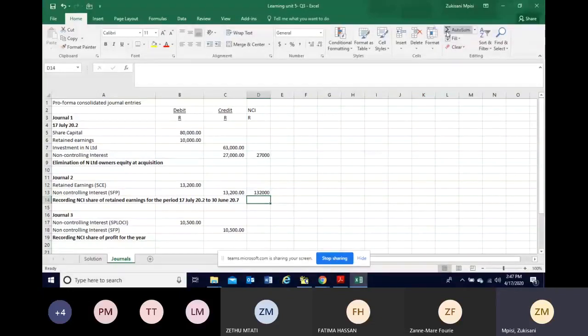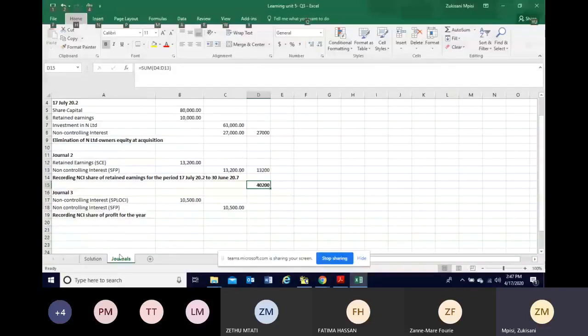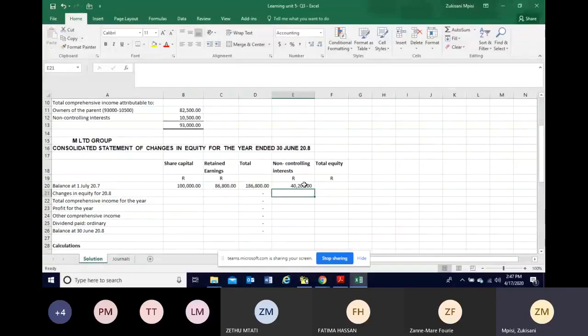This means that at this stage you've got NCI equal to 40,200. Therefore this becomes our balance, 40,200, and the total equity is the total plus the non-controlling interest, which gives you 227,000.